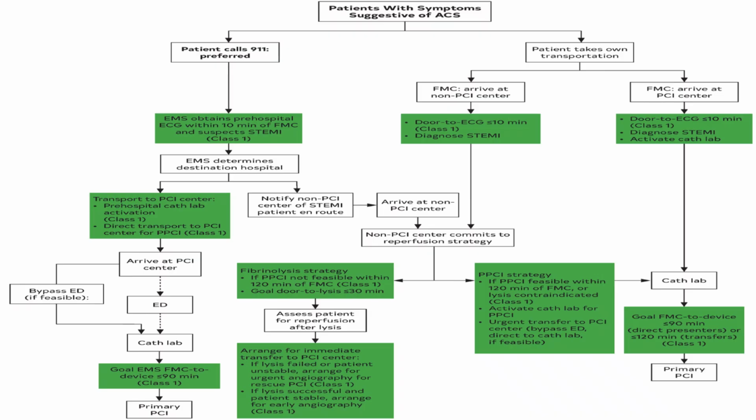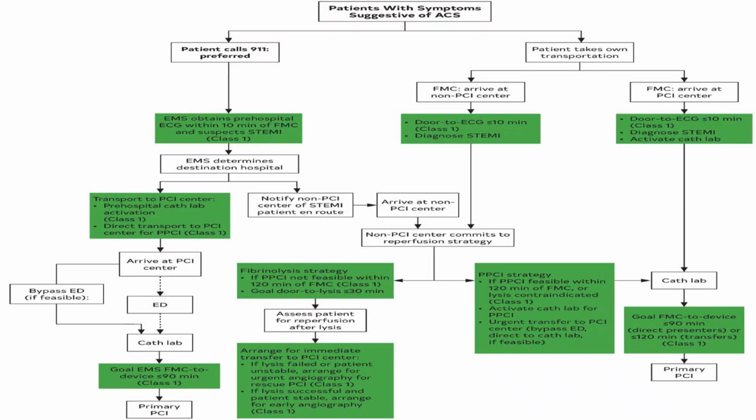If patient takes their own transportation and they arrive at a non-PCI center, door to ECG time should be less than 10 minutes, and the diagnosis for ST elevation MI should be made immediately based on the ECG. However, if they arrive at a PCI center, door to ECG time should be less than 10 minutes, diagnose ST elevation MI and activate cath lab.